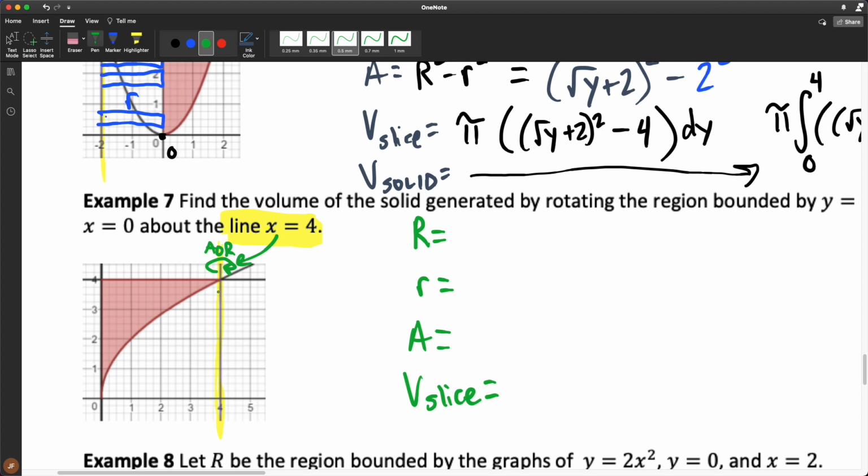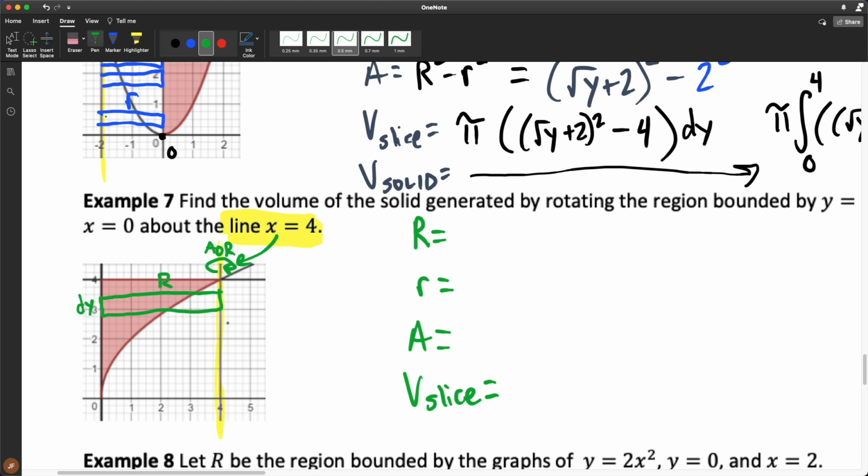So for our big R, again, we're going to follow this pattern of doing from the center to the outside of that. Again, whether you visualize it as a circle or as a cylinder or as a washer, a slice, whatever, the width is dy. And we still want to go right minus left.